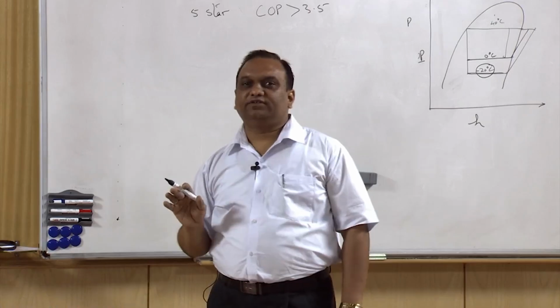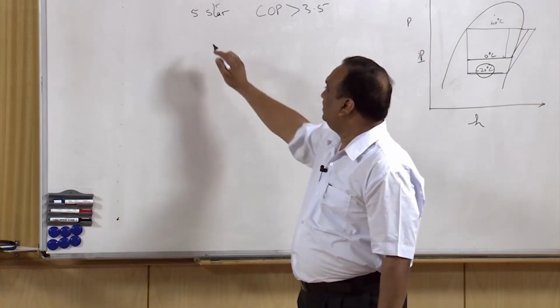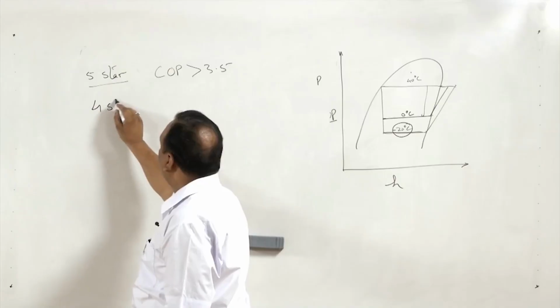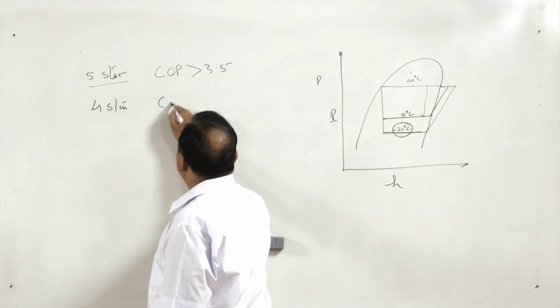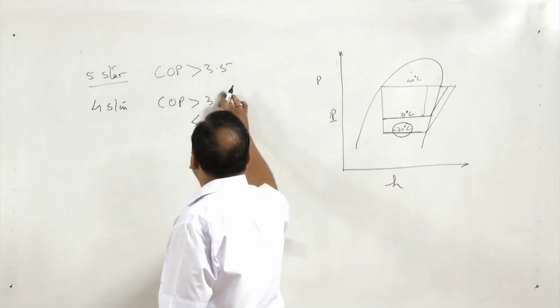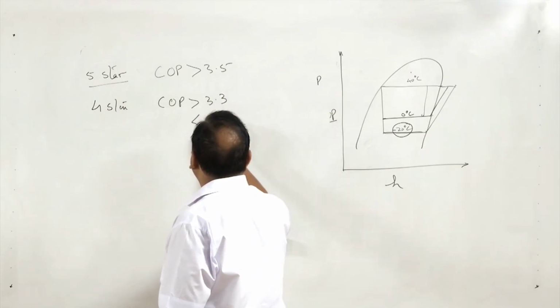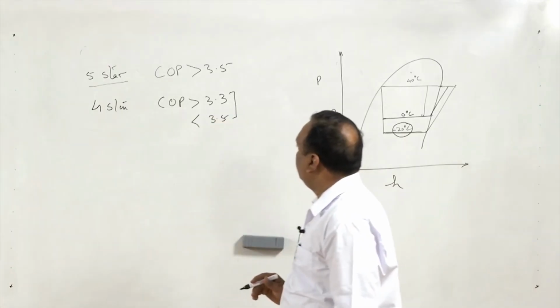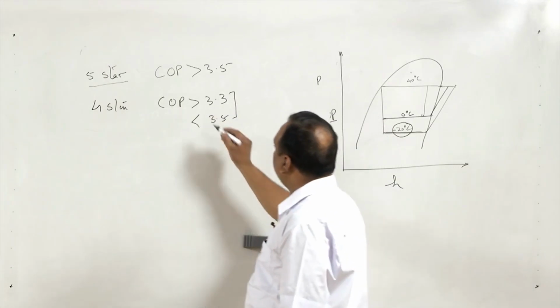There are a few manufacturers in the market who give 5 star AC. A 4 star should have COP greater than or equal to 3.3 and less than 3.5. So, in this range it is going to be 4 star.